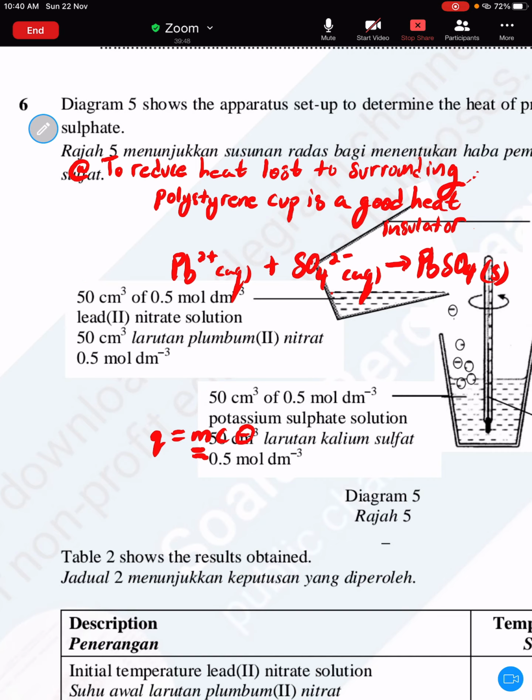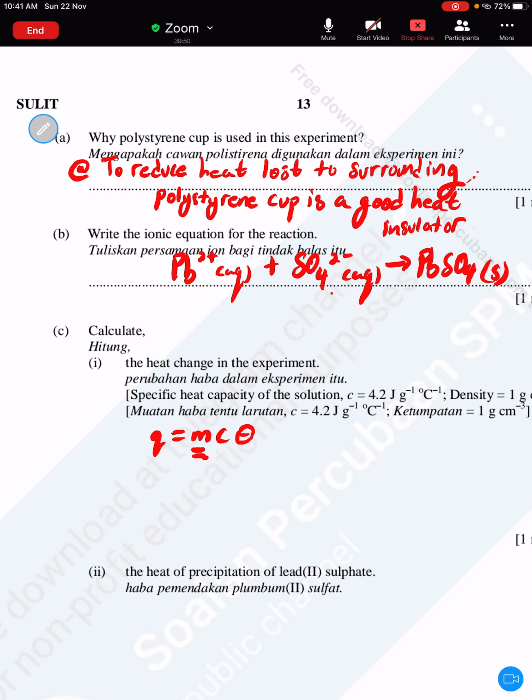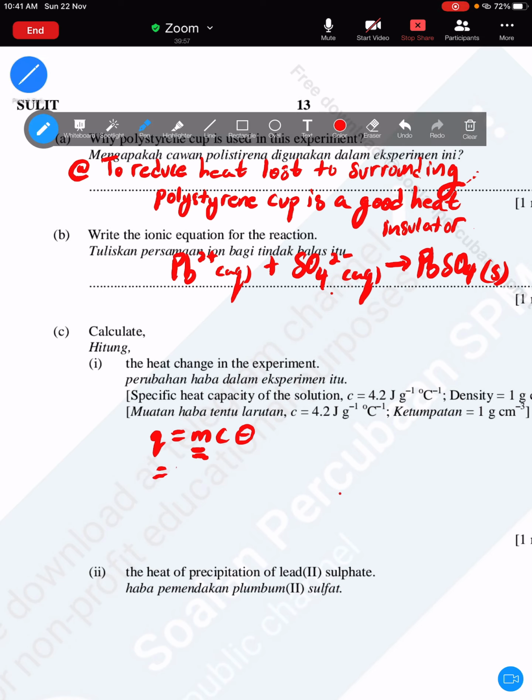Therefore, we go back to the question over here. The total mass will be 100 gram, and the specific heat capacity will be 4.2 joule per gram per degree Celsius, as given.